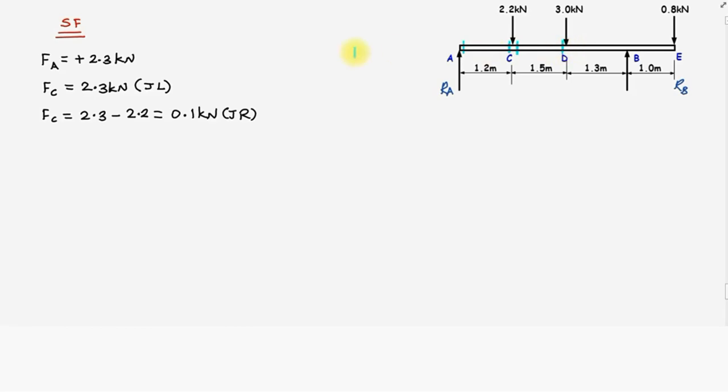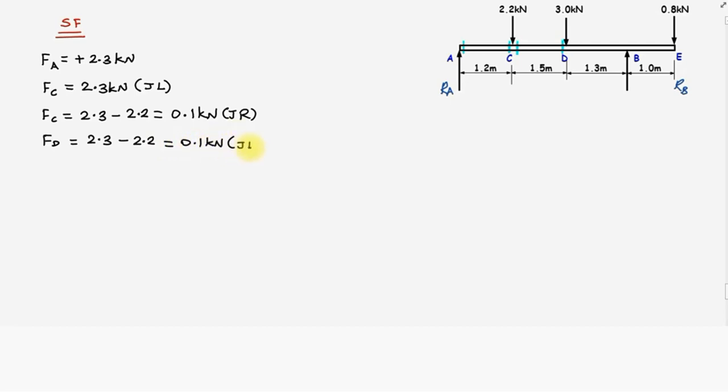How much force is acting? The shear force at the point D, FD, is equal to 2.3 kilonewtons, that is RA, minus 2.2 kilonewtons. That's all. We are considering just left of D. Therefore, on calculation, we find that FD is equal to 0.1 kilonewton.